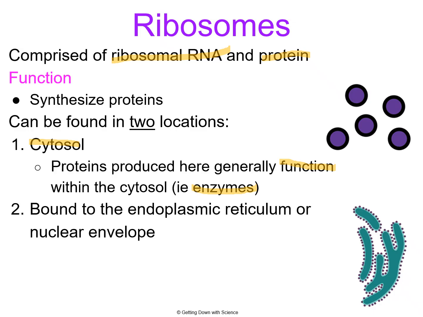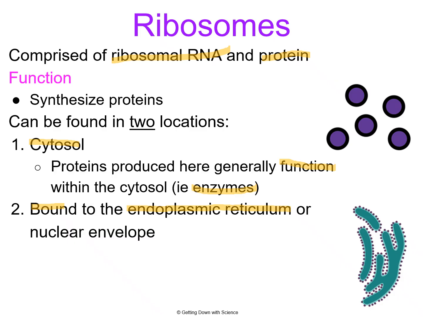Now, another place where you can expect ribosomes to be found is bound to the endoplasmic reticulum. And you should know that if ribosomes are found on the endoplasmic reticulum, it makes the surface of the endoplasmic reticulum bumpy, so it's not smooth, and therefore it is called the rough ER.